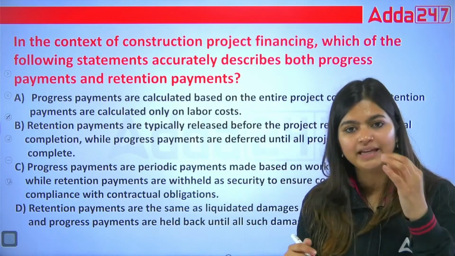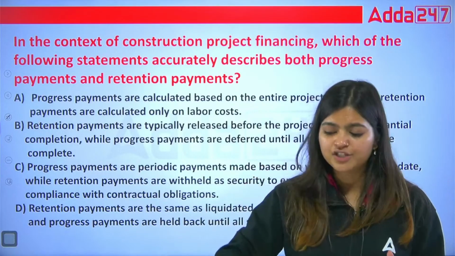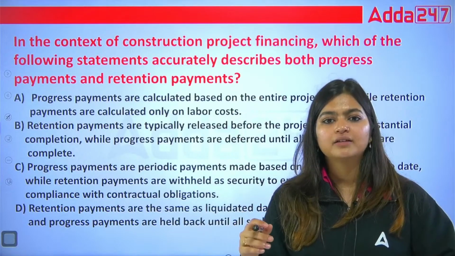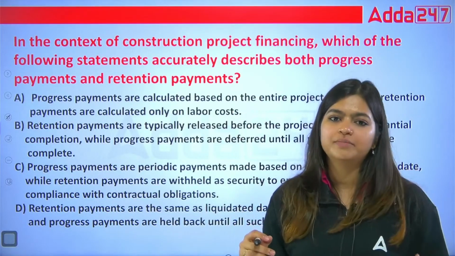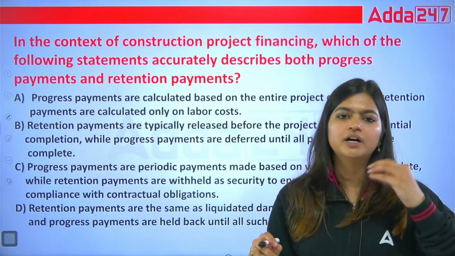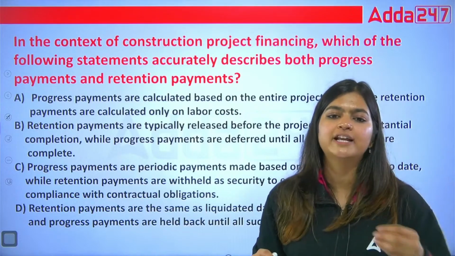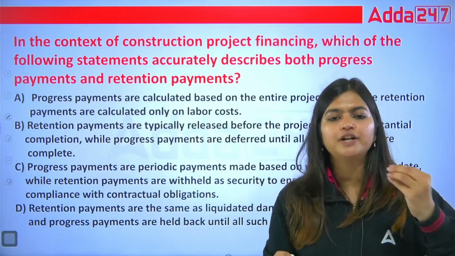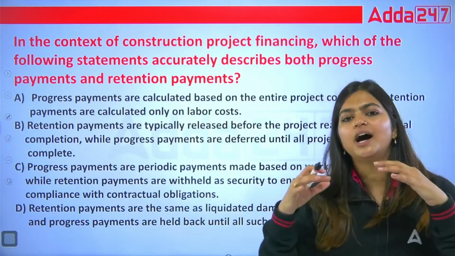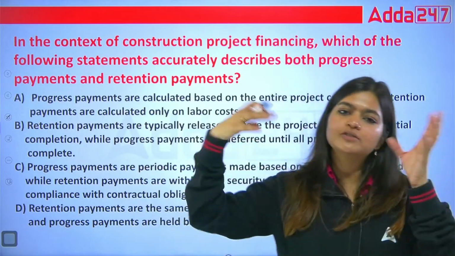Okay? Means as soon as you complete the first floor, second floor, third floor, fifth floor, the customer will be paying in those installments. That is based on their mutual understanding. Like the customer will pay the first installment, then for the second floor the second installment, for the third floor the third installment. So this is between both the customer and the contractor.